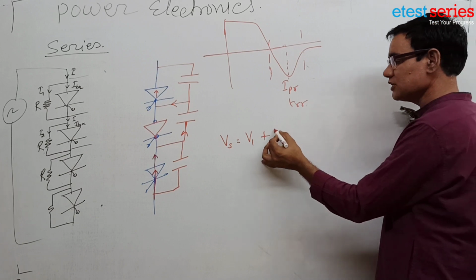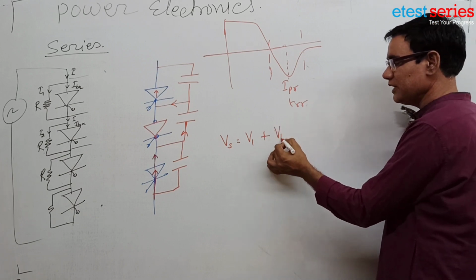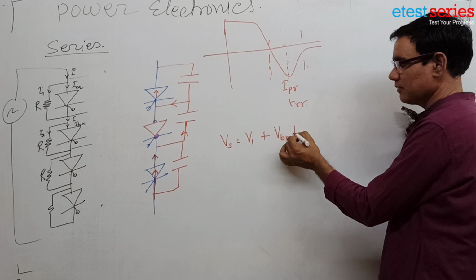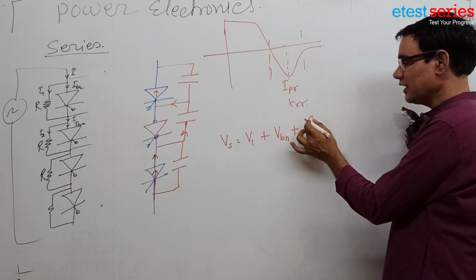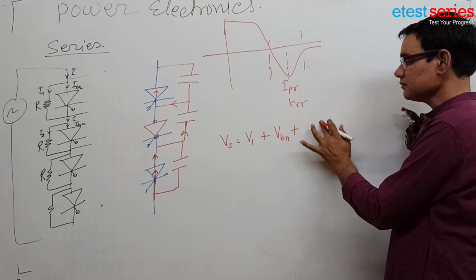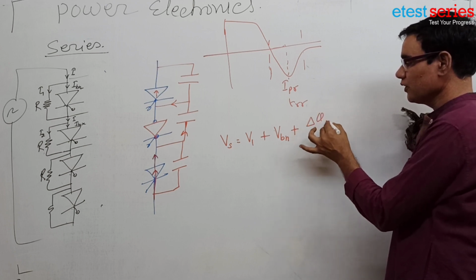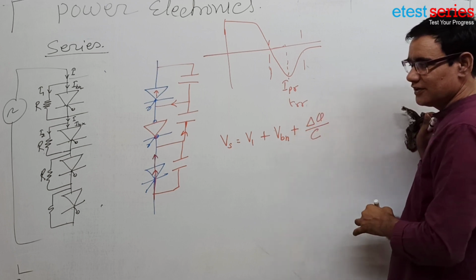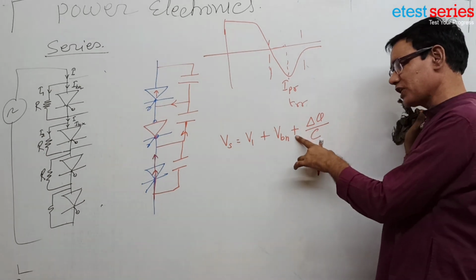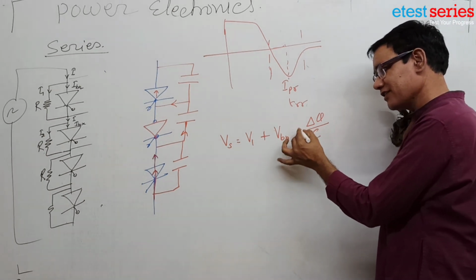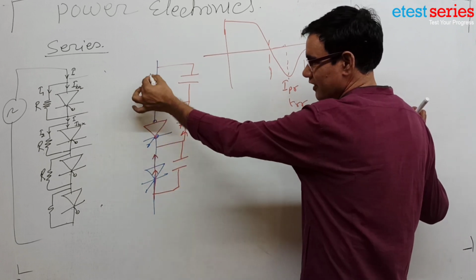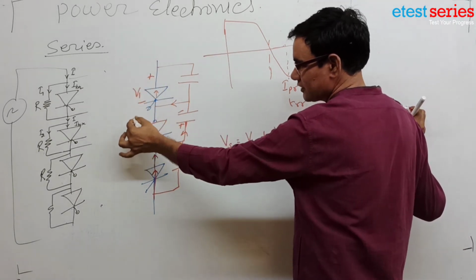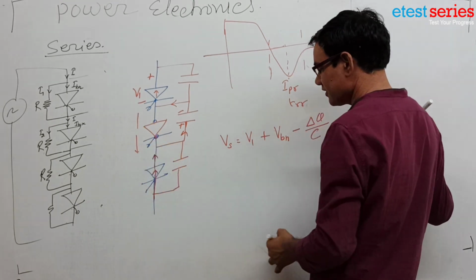And the voltage across the second one is VBN plus delta Q divided by C. This is not plus, this is minus. Why? This charging current leaves the charge like this, so the voltage here is V1, and this voltage is negative.